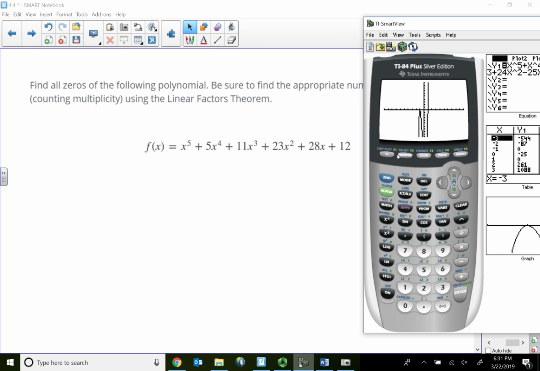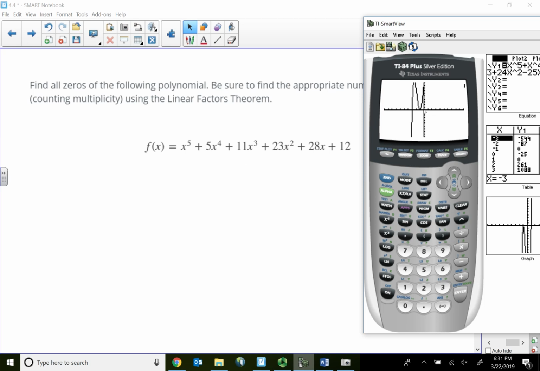Let's type x to the 5th plus 5x to the 4th plus 11x to the 3rd plus 23x squared plus 28x plus 12.